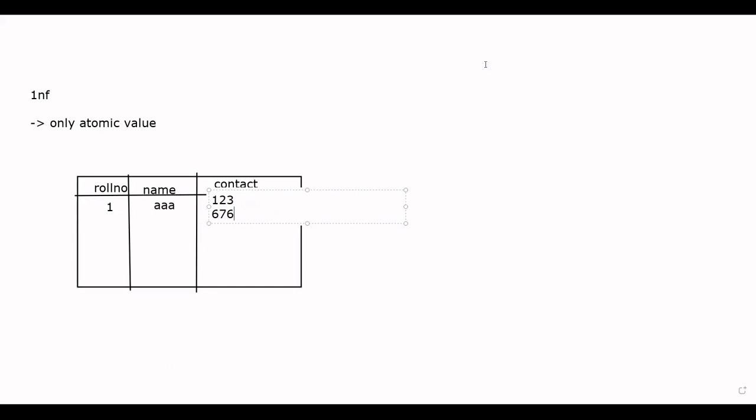2NF is important, and from there only we'll solve it. Give the heading 2NF. In short, first I'll tell you, then I'll give you the proper definition. For a table to be in 2NF, first it should be in 1NF, and there should be no partial dependency.